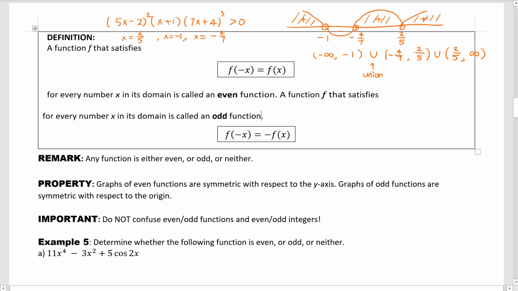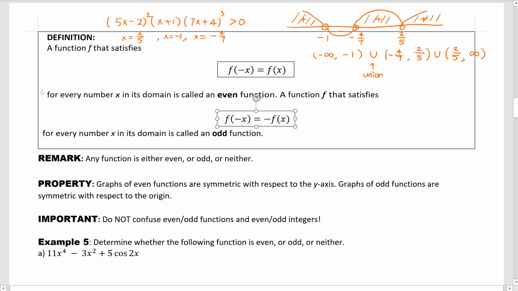So any function is either even, odd, or neither.